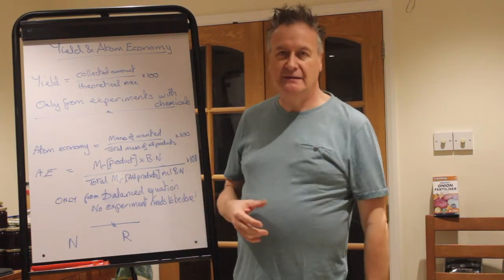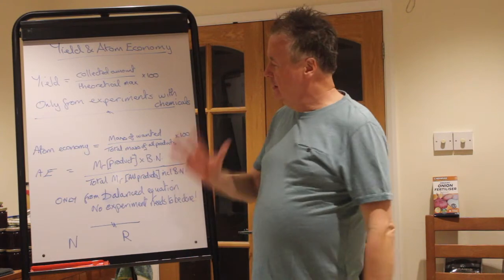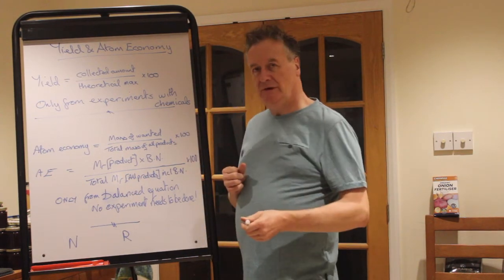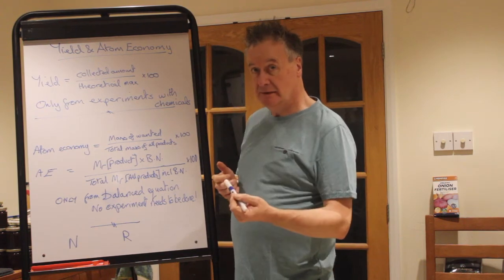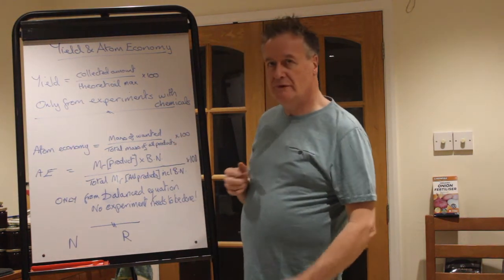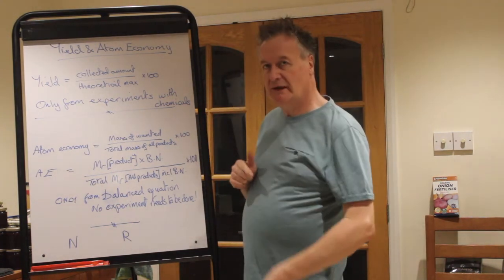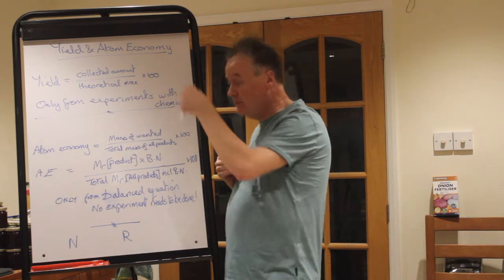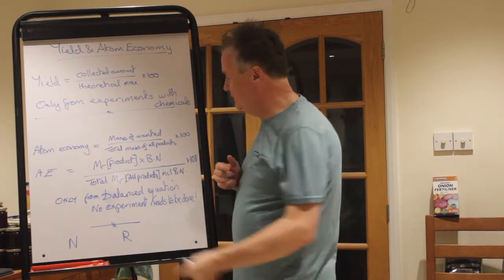I don't see the point in that because that means you've got to work out more things. All you need to do to get it right is the mass that you wanted, now this is formula mass, over the total mass of all of the products, which includes the one you've just calculated, saves a bit of time, times 100. So this is where the confusion comes because they're both expressed as a percentage.